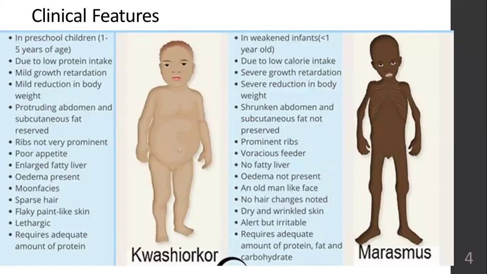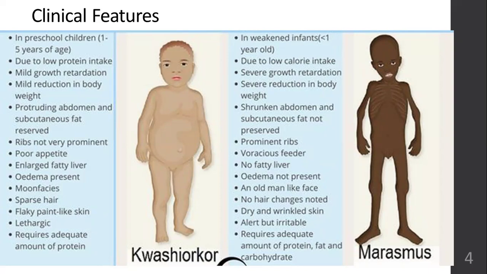Kwashiorkor, the opposite of it, is usually seen in older children, 1 to 5 years of age. It's usually because of low protein intake. The child may be having carbohydrates and fat, but protein is scarce in their diet.